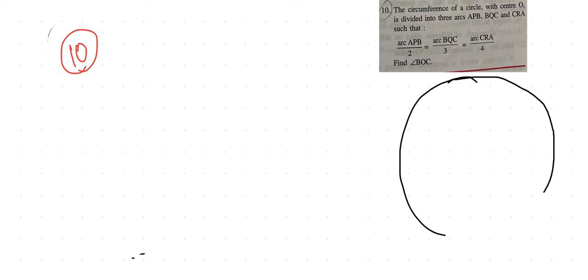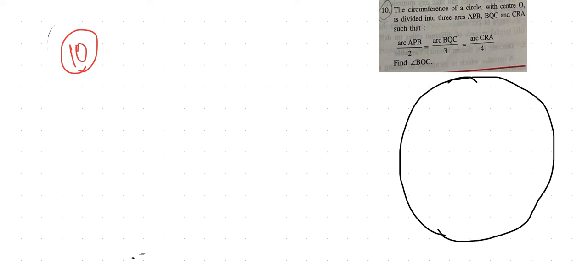Okay, we will be moving to the last question of this particular exercise, that is question number 10. So question number 10 says, the circumference of a circle with center O is divided into 3 arcs. Okay, so the figure has not been given. If you just want to draw the figure, it can go like this, children. See, this is the circle.